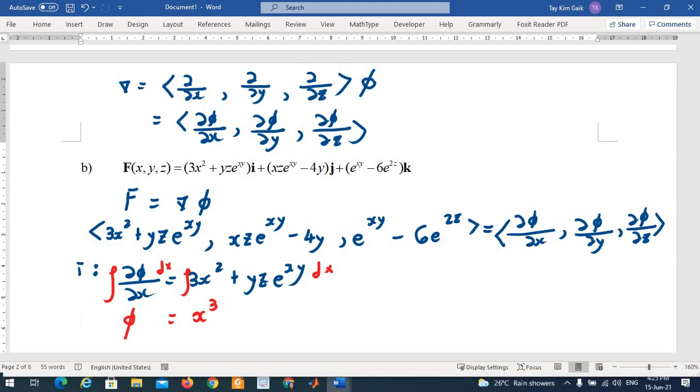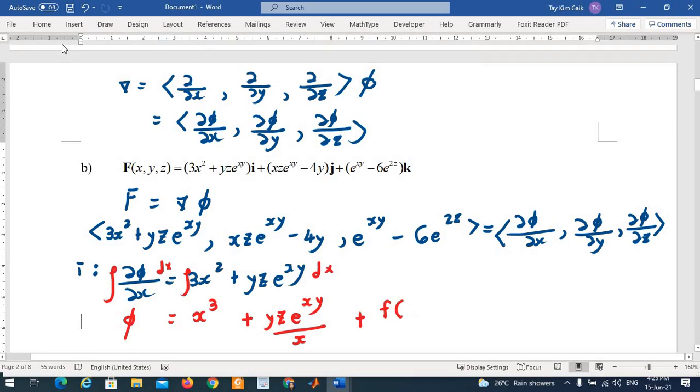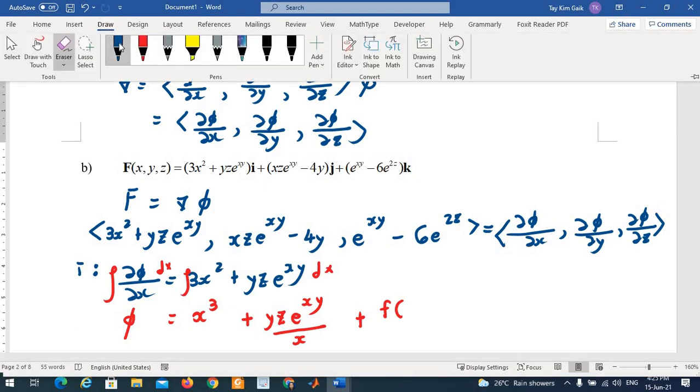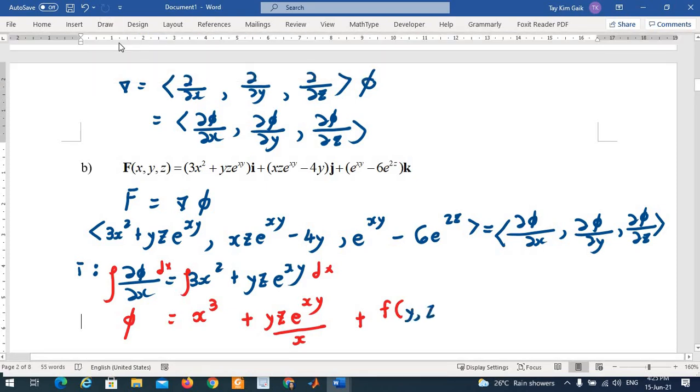Here y and z are constant, so you have just yz, and then integrate e^(xy). The integral constant is, because you integrate with respect to x, a function of y and z, the other two variables.